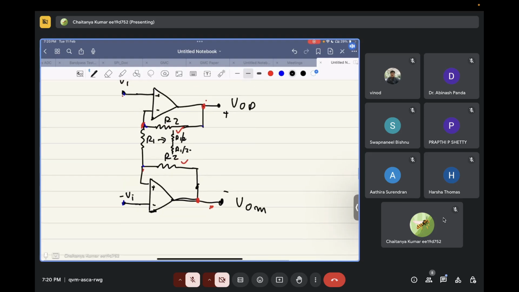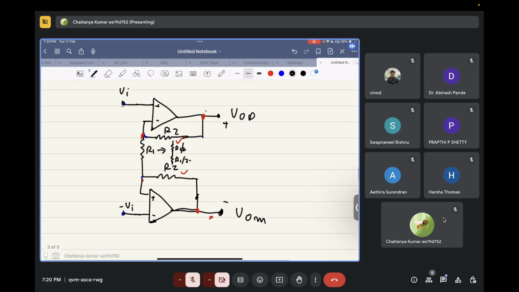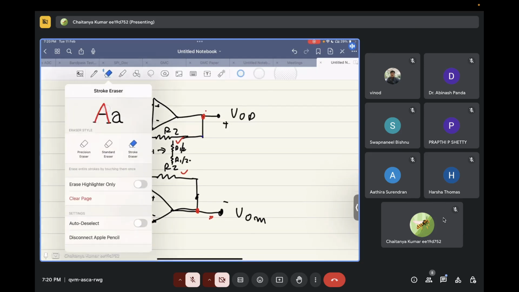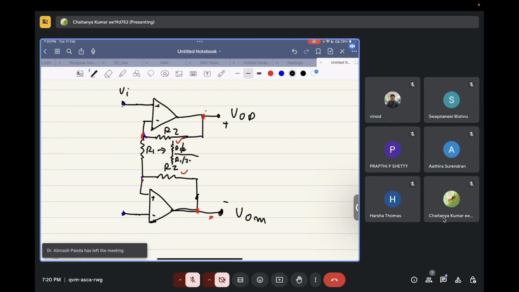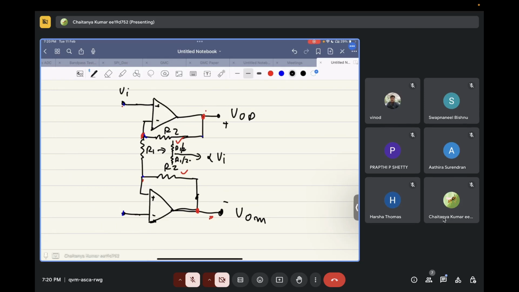Now, what will happen? Let's say there was only Vi and no minus Vi. Let's say this node voltage was plus alpha Vi. And if there was no Vi and only minus Vi, since the complete circuit is symmetric, what will be the node voltage at this node?